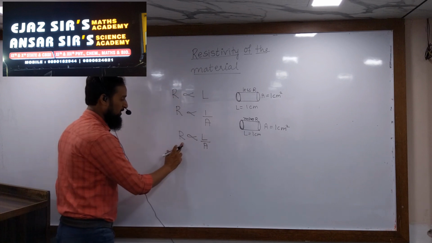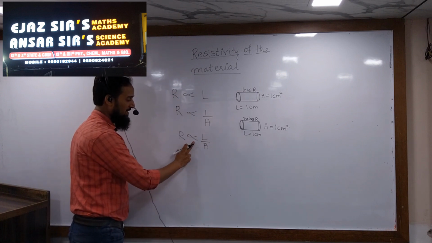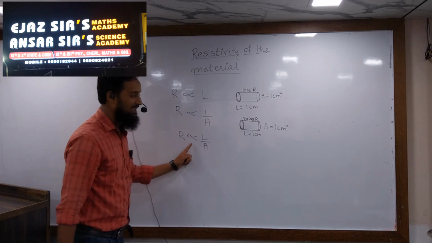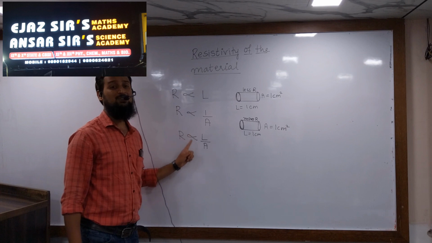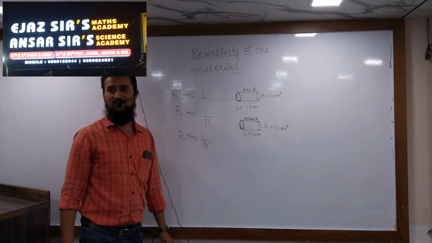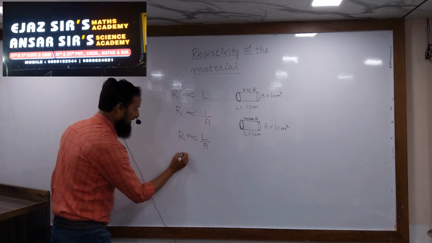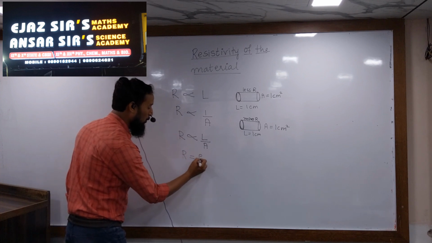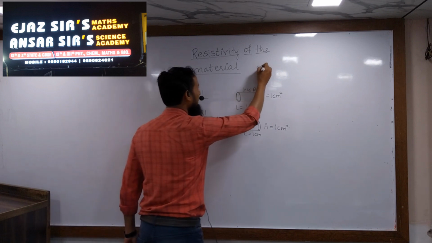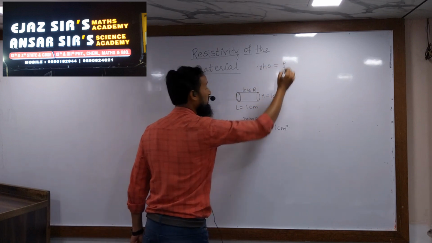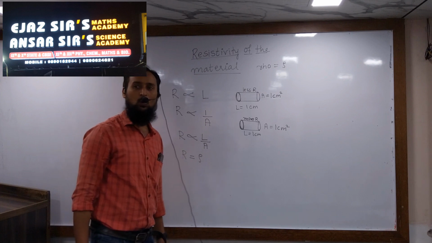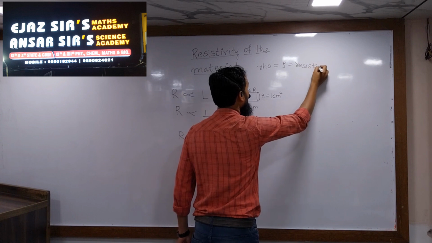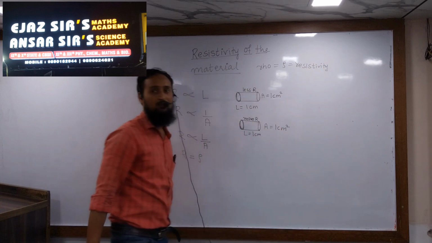So see what I am going to do here. I explained in the previous class that whenever we remove this proportionality sign, we need a constant on the right hand side. Here that proportionality constant is a Greek letter called rho, R-H-O, and it denotes resistivity of the material of the conductor.